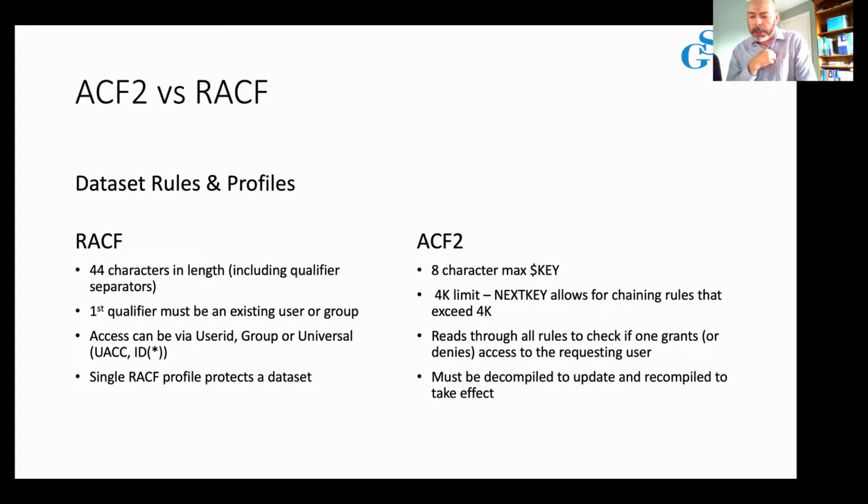I don't know many shops that I've worked on that have RULELONG set. Most of them have an inordinate number of next keys. ACF2 will read through all the rules to check if one grants or denies access to the requesting user. And ACF2 rules must be decompiled to update and recompiled to take effect, unlike RACF, where they are dynamic.